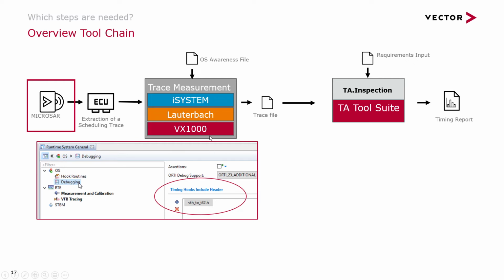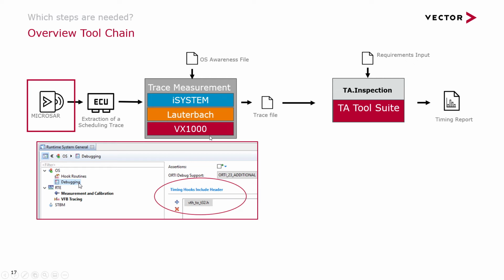If you are using iSystem, Lauterbach, or VX1000, or you want to use them for this tracing, please send me a quick email. We have so-called timing bundles, which contain this header, scripts, and a step-by-step guideline throughout everything I'm showing you here very briefly. So these timing bundles contain a step-by-step guideline that help you to replicate this in your own project.